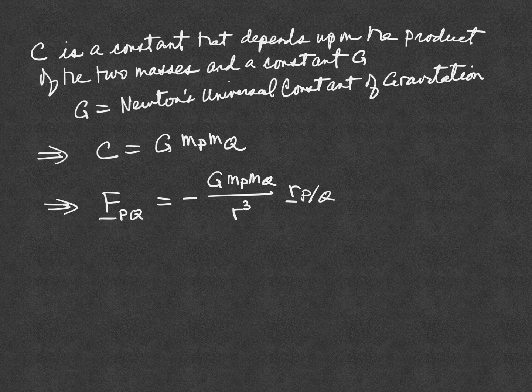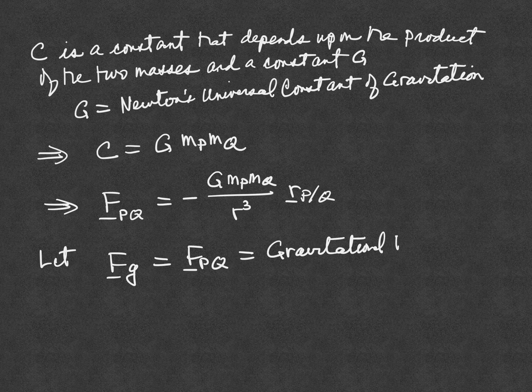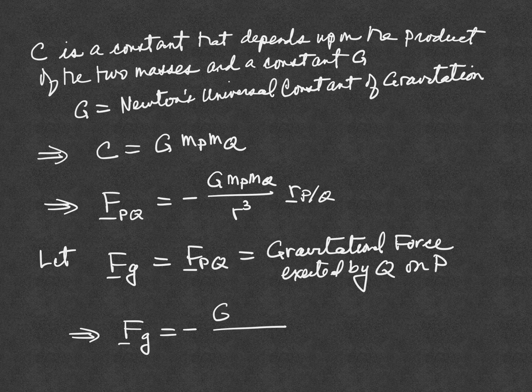And we're going to replace this. So we're going to say, let Fqp be the gravitational force exerted by Q on P, which implies that the gravitational force is equal to minus G times the mass of P times the mass of Q over R cubed times the position of P relative to Q. And of course, that is equal to minus the force exerted by P on Q. So we automatically have the opposite force because these forces are equal and opposite one another.